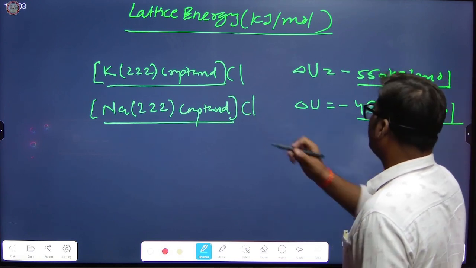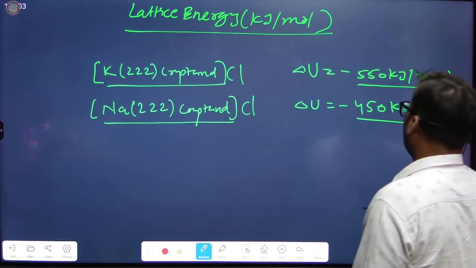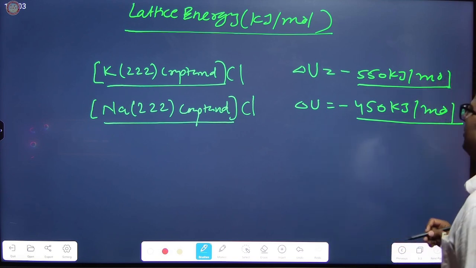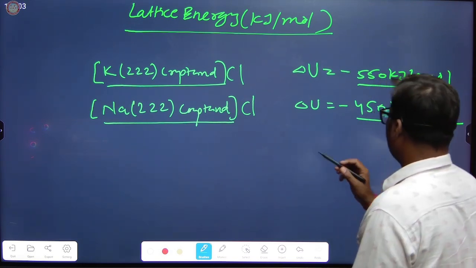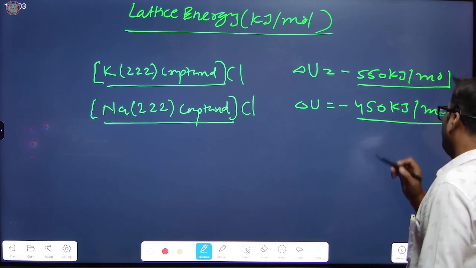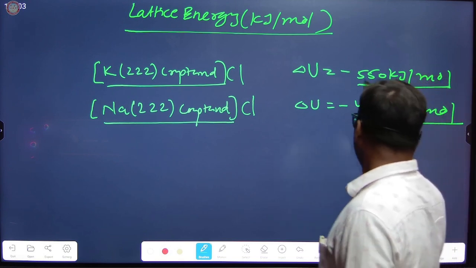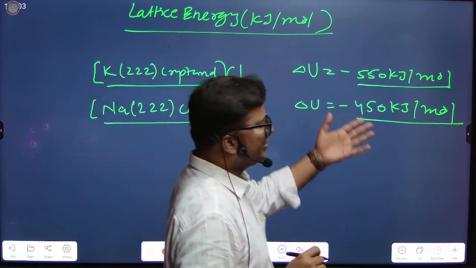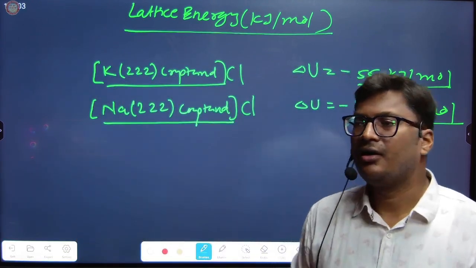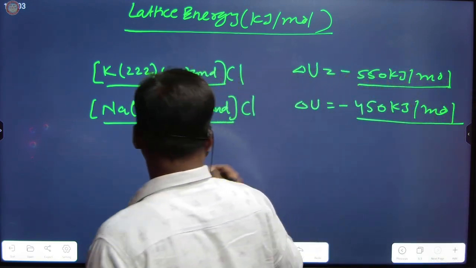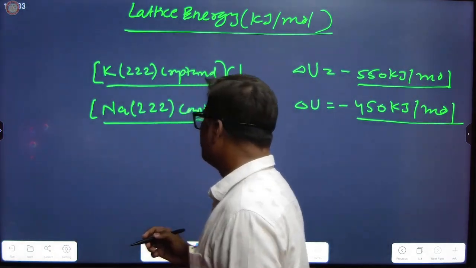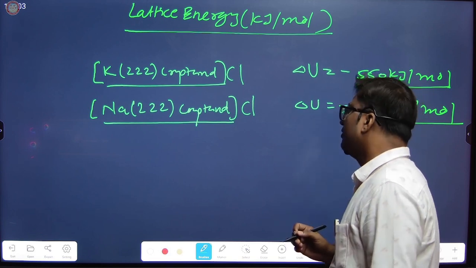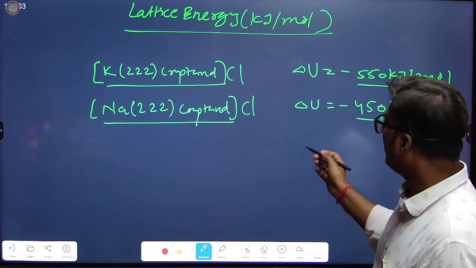In case of potassium 222 cryptate, the lattice energy is 550 kilojoule per mole, compared to the sodium cryptate structure at 450 kilojoule per mole. So here it is 100 kilojoule per mole less. This is actually because of the structural diversity and variation in the cavity size due to the presence of the metal cation.